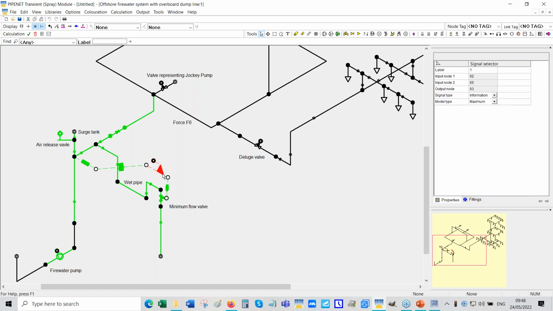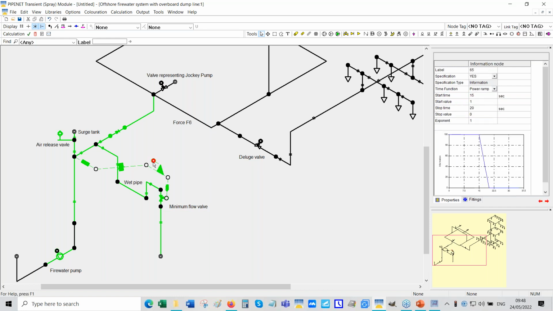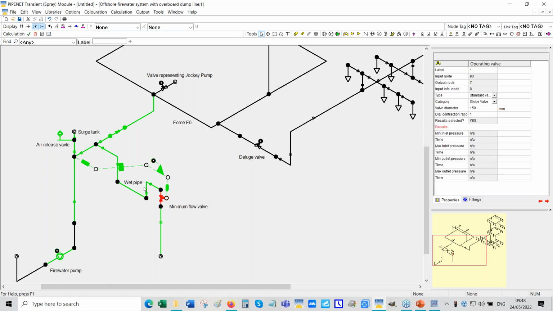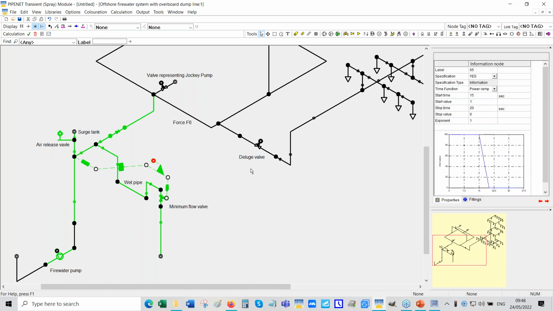And there is a signal selector here. Now this time it chooses the maximum. And here it's not a fixed value. We're saying there is 1 and that is 0. So basically what will mean, if this control system wasn't there, this will close from 15 to 20 seconds.